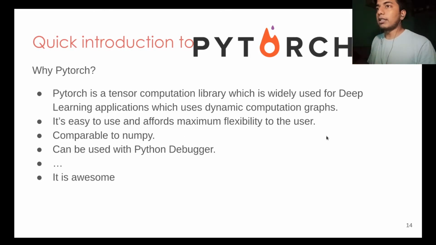This is a capability that TensorFlow 2.2 hijacked from PyTorch. Again, it's very comparable to NumPy, so it's pretty easy to use, highly flexible, and it just uses the innate Python debugger, which is pretty amazing, and which is not supported by TensorFlow natively, at least until 2.0. And basically, it's just awesome. I'll keep it at that.